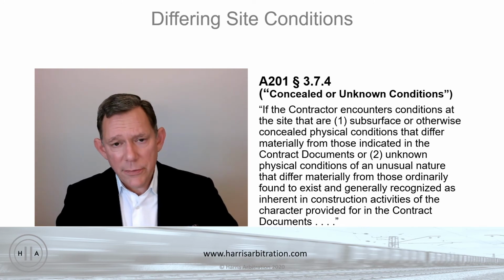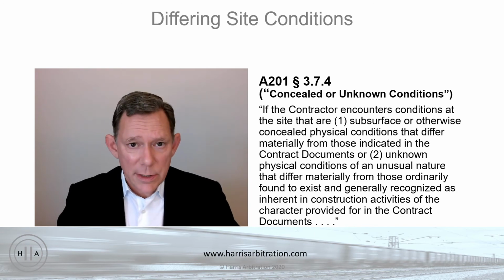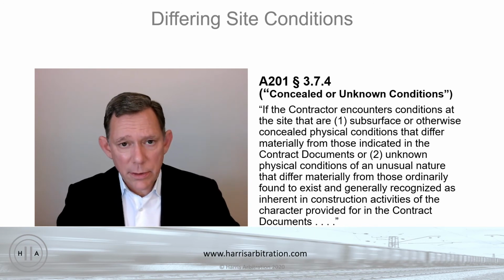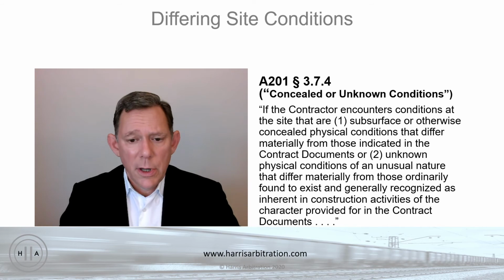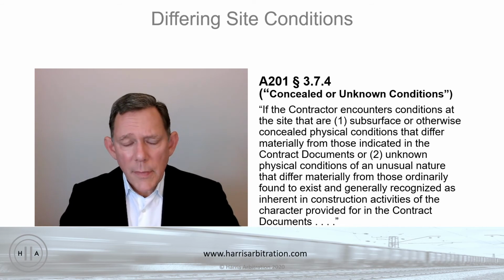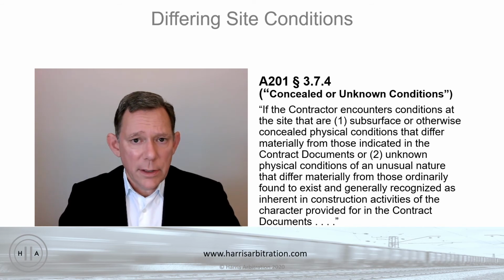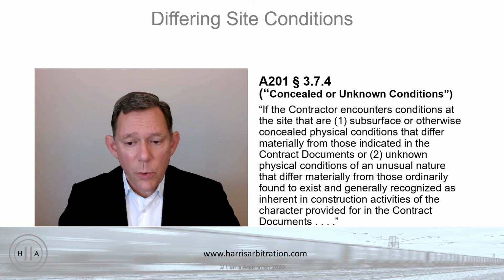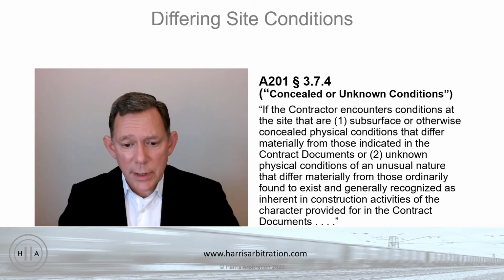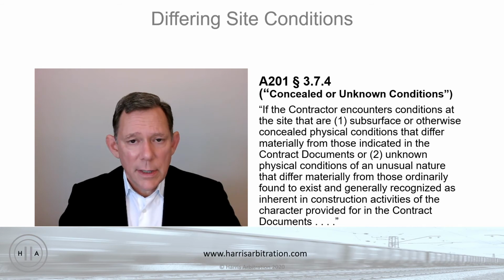The conditions are different from what the plans, for example, showed the subsurface conditions were going to be. So if the contractor encounters a type 1 situation, or 2, unknown physical conditions of an unusual nature that differ materially from those ordinarily found to exist, etc., that's type 2, the mutual mistake scenario.